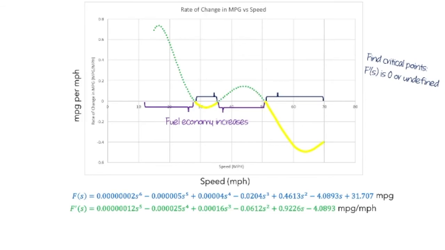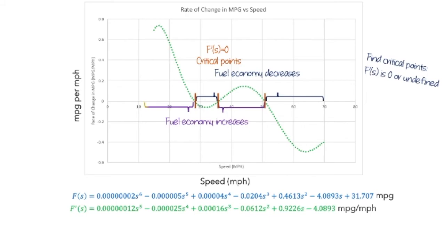So if you're traveling at one of these speeds, each additional mile per hour will decrease the fuel economy. And when the values of f prime of s are 0, these are the critical points.